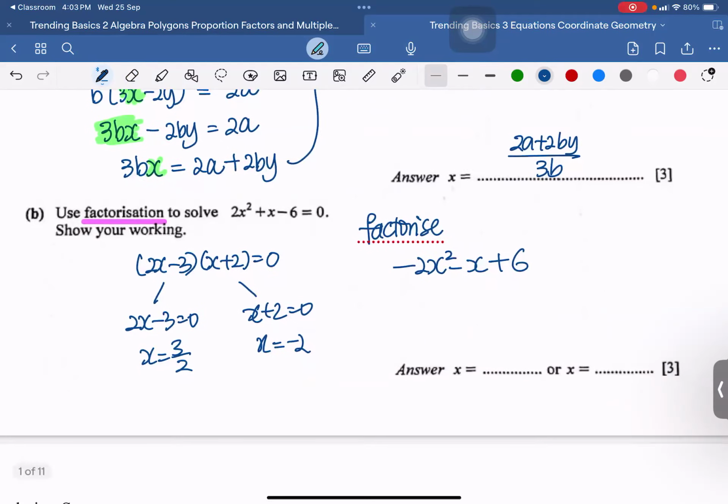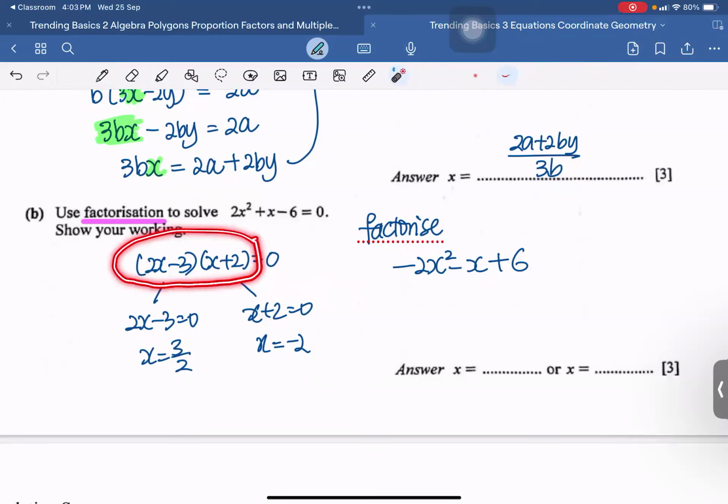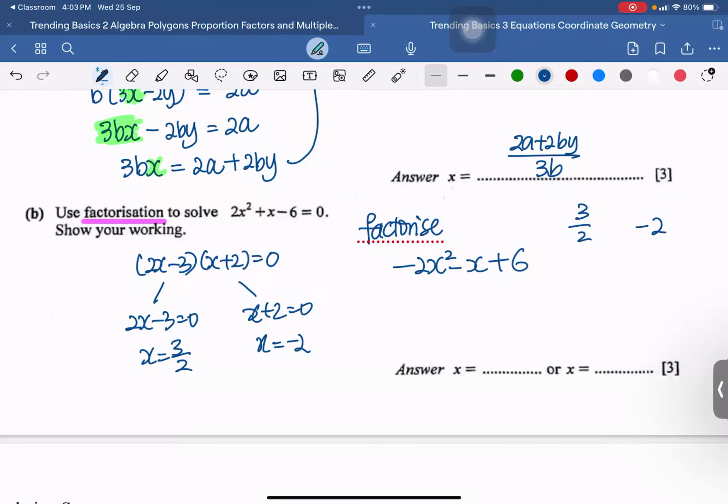Are you sure the answer is correct? I strongly suggest all of you who are online and you see this question, can you please try your calculator? You'll notice the calculator will give you the same answer as this. Does your calculator also still give you 3/2 and -2 as the answer?